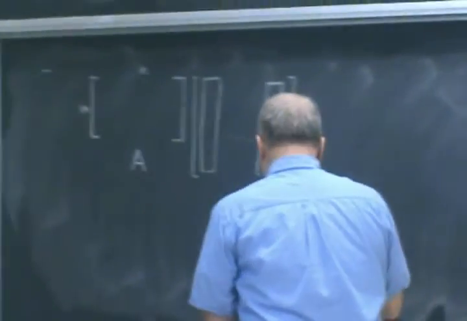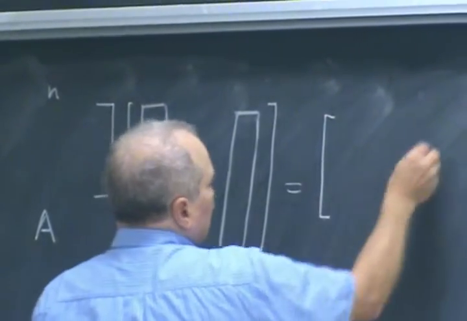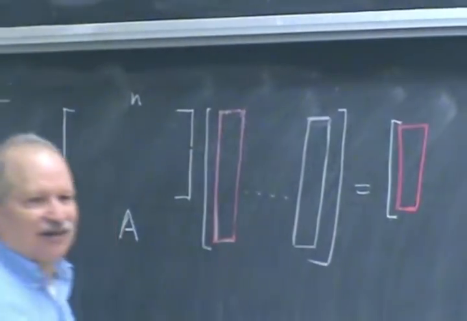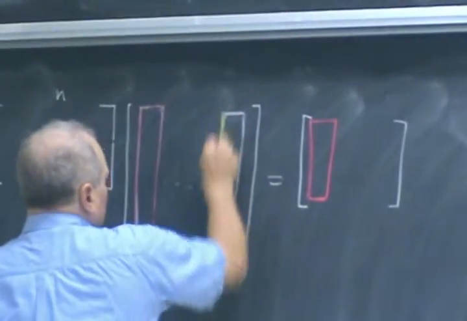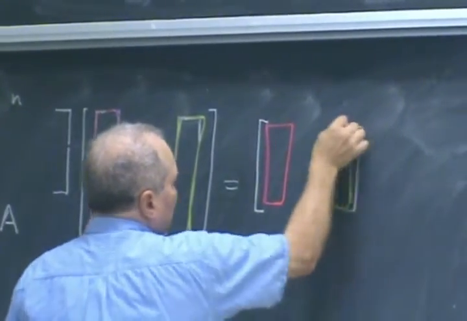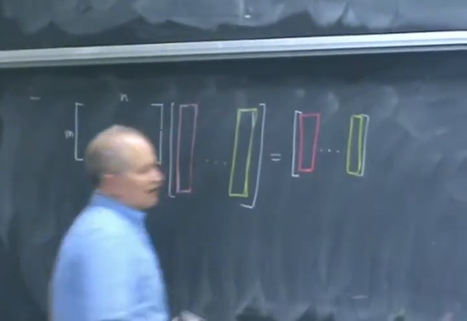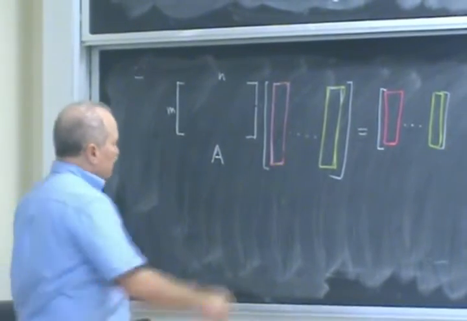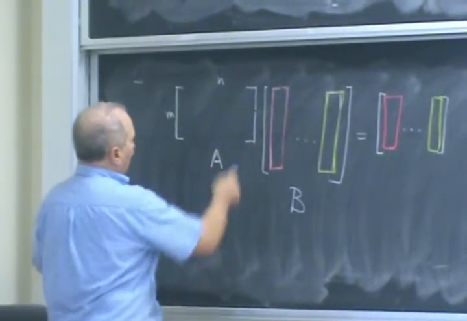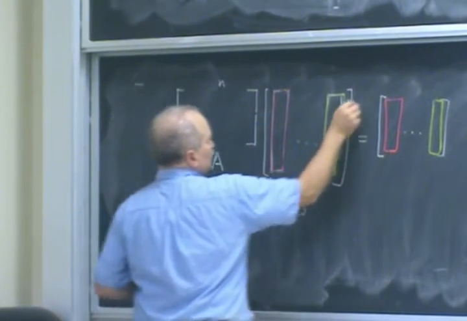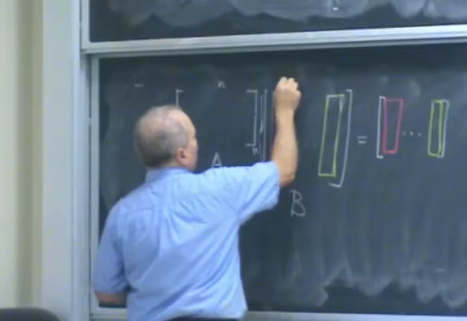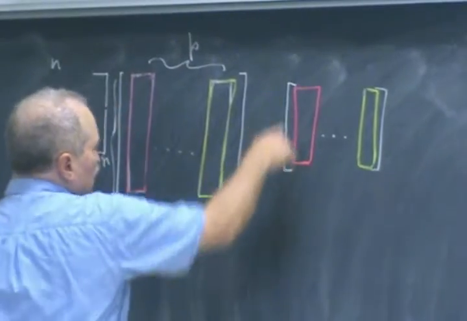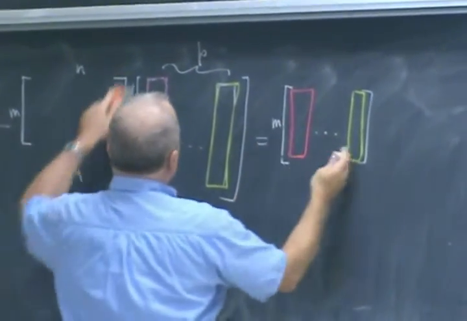You could make the answer as a collection of columns, where for each column here you would get an answer column there. Guess what? That's how you multiply matrices. So if this is a matrix B that happens to be n by something or other, what will be the shape of the answer? Well, it has as many rows as A has, and as many columns as B has.